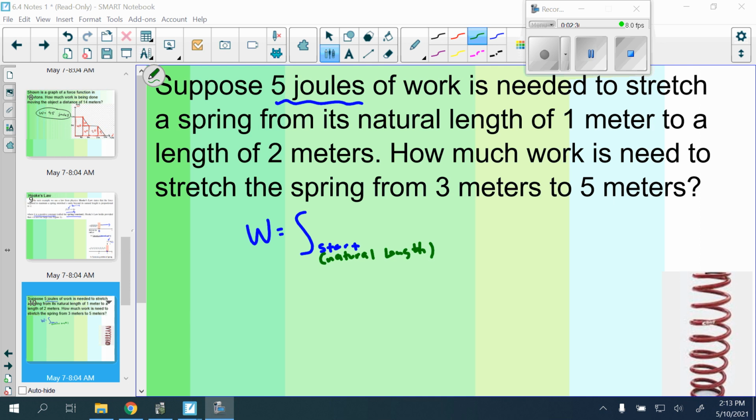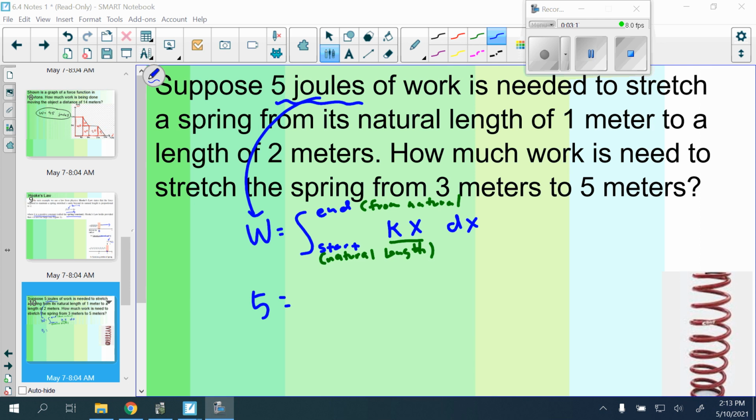So you're always doing your start from natural, and then your ending amount from natural length. And then we always integrate our force here. In this case, your force is going to be the spring constant times x dx. So this is our force right here when you use a spring. So here we already are told the amount of work, so that can go here.